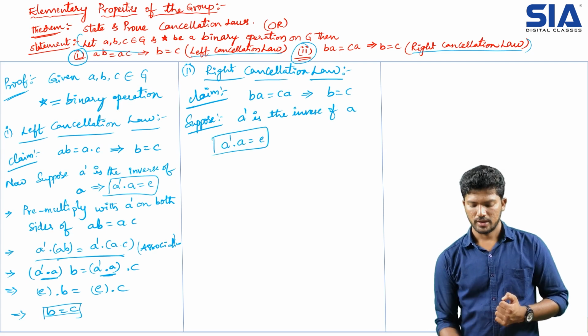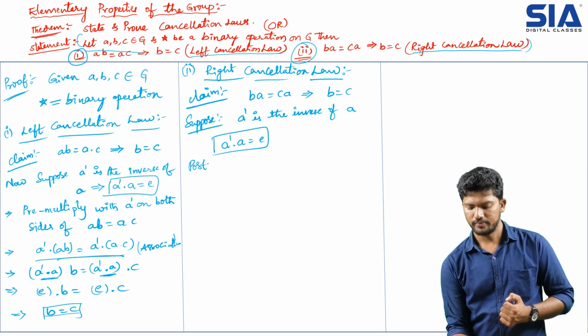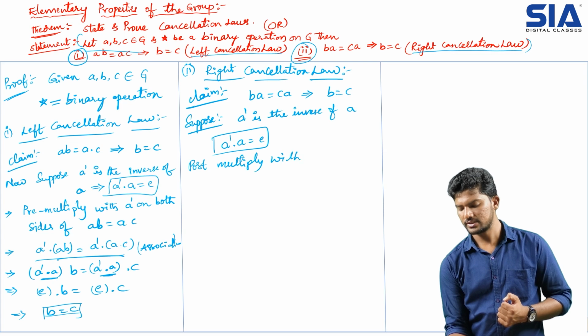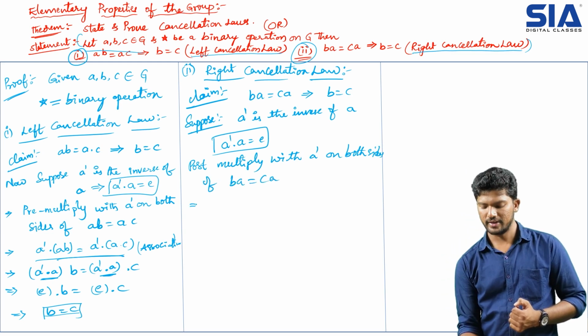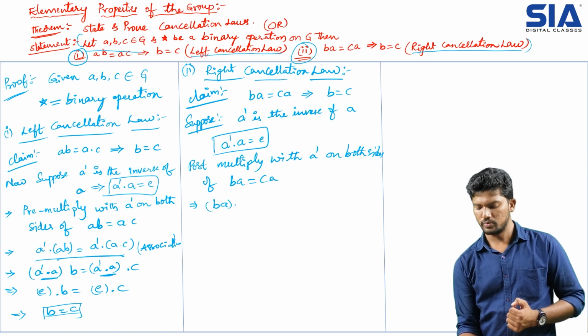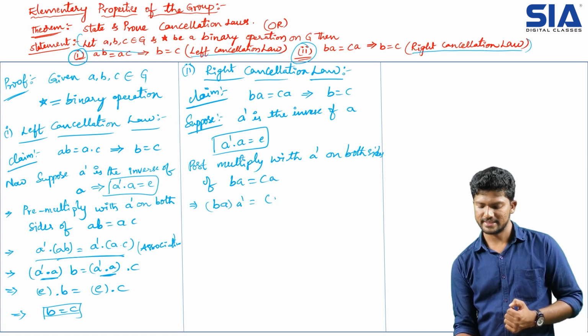Post-multiply with a dash on both sides of ba equals ca. Then you will get ba into a dash is equal to ca into a dash.